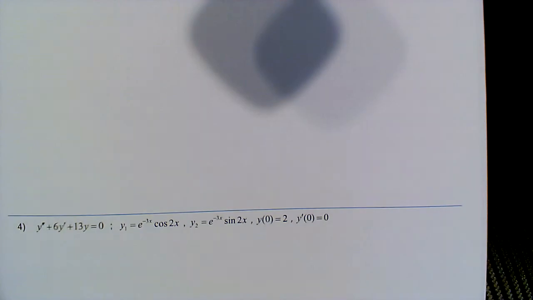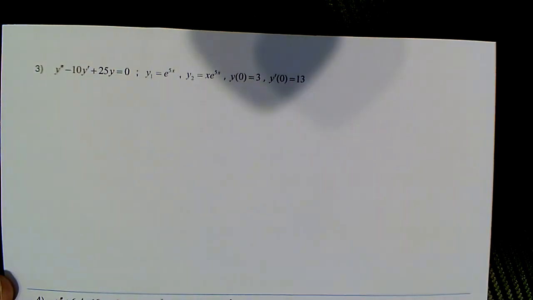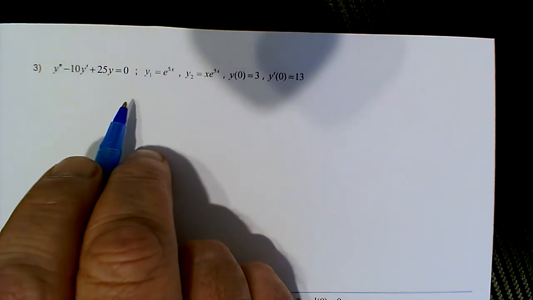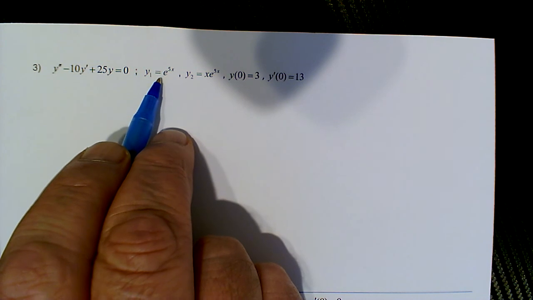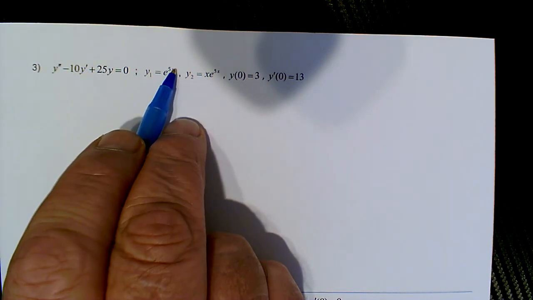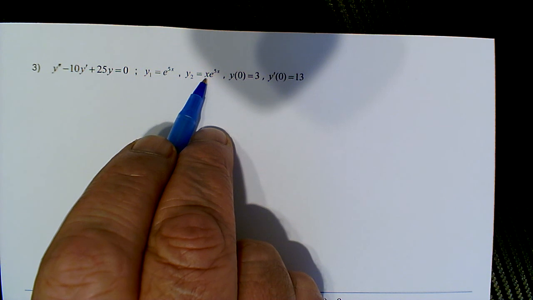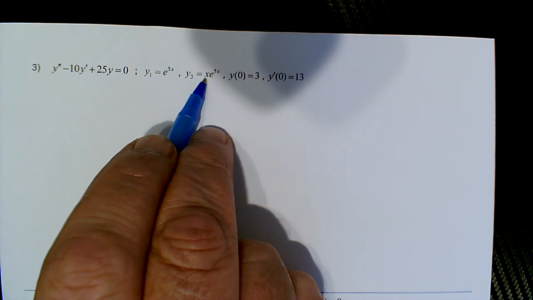And in the first one, well, number 3 that is, we now have a situation where y1 is just an exponential function, but y2 is a product of an exponential function and an algebraic factor, in this case x.